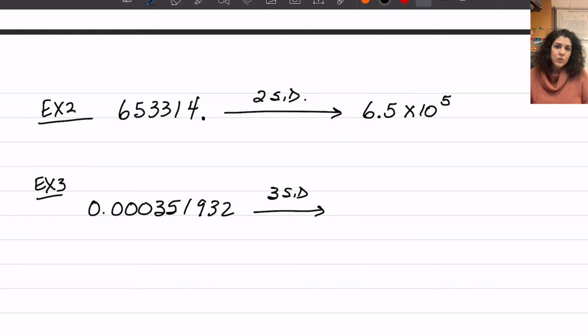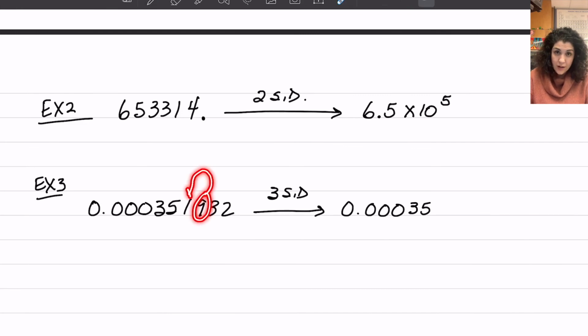So you can do it 2 ways here. If I wanted to write it just in significant digits, remember that 1, 2, 3, and 4 don't count as sig digs. So really all I need is the next 3, 5, and wait a second, that 9 is going to round this up to a 2.